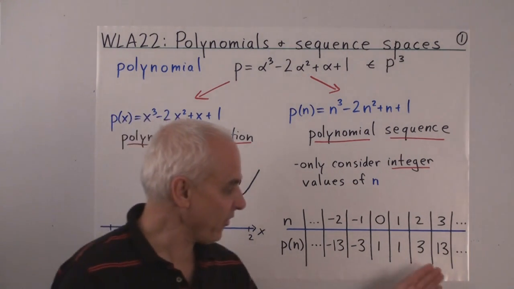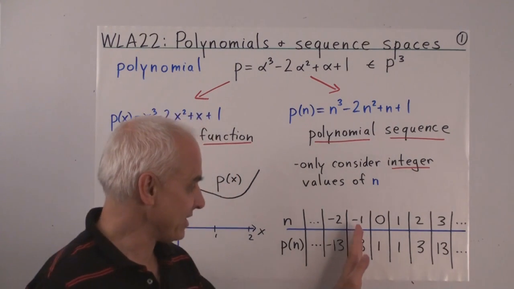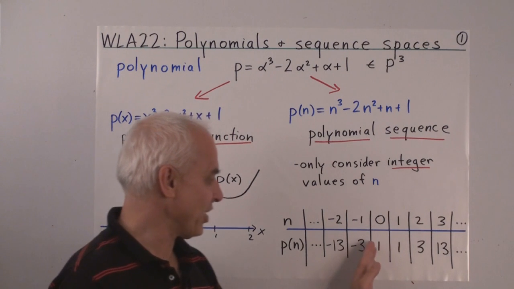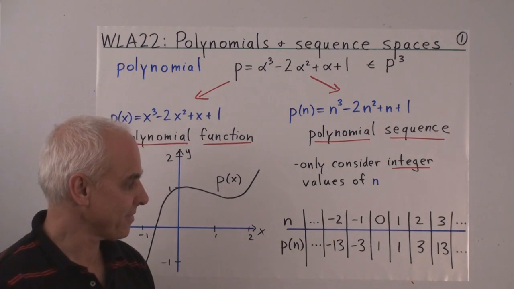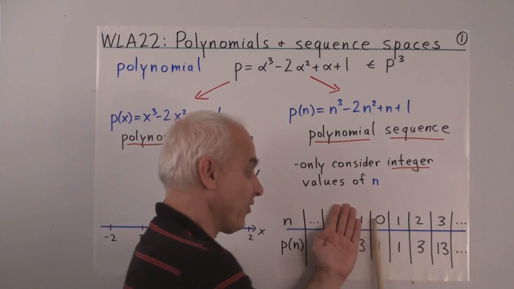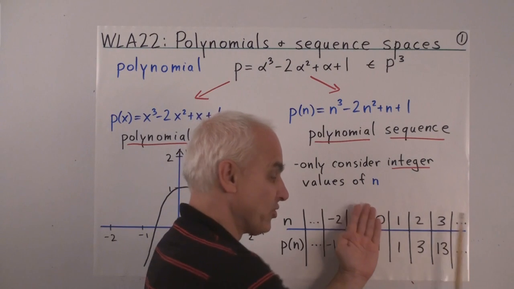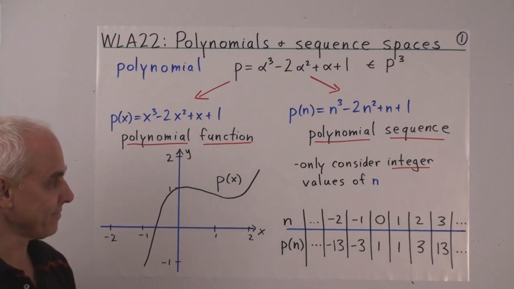So this is a sequence, but it's a two-sided sequence because it goes off both in this direction and in this direction. Sometimes we might want to only restrict it to positive values, or perhaps even to values strictly greater than 0.